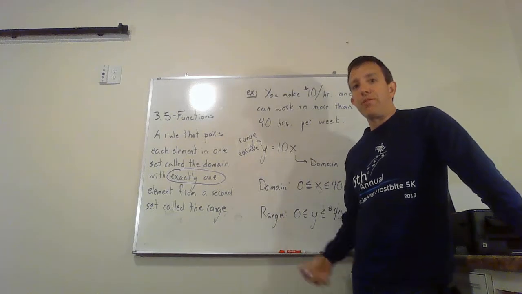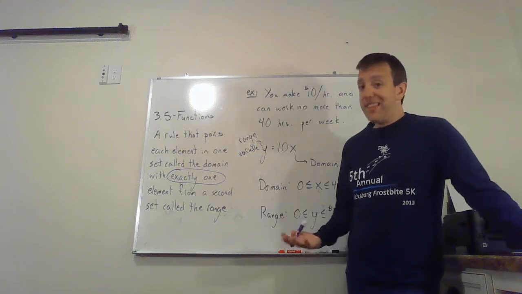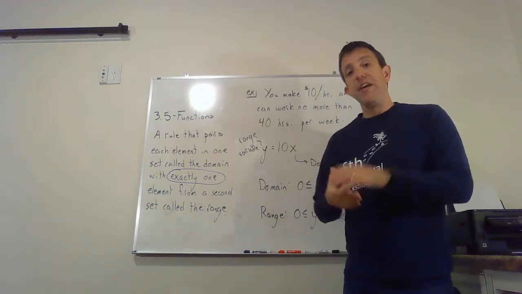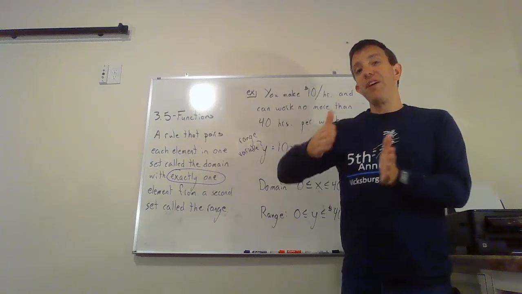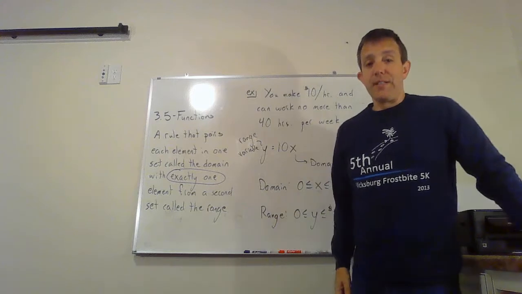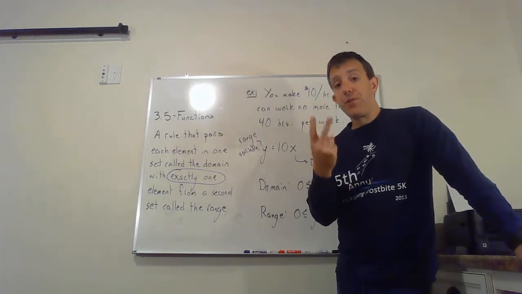You don't want it to be $200 this week and then you only make $50 next week. That's not how this works, right? So with functions, every domain variable has to be paired up with exactly one range variable. And that's just the way it's going to have to be. Okay, you can't have a domain variable with two outputs.